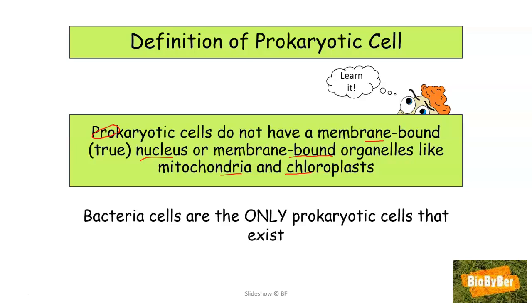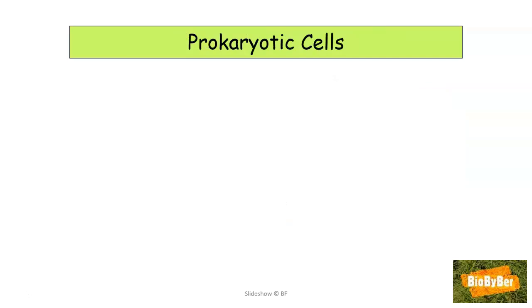We also learned that bacteria cells are the only prokaryotic cells that exist. We also looked at the characteristics or features of prokaryotic cells. First of all, prokaryotic cells are single-celled or unicellular, uni referring to the idea of a unit or one.